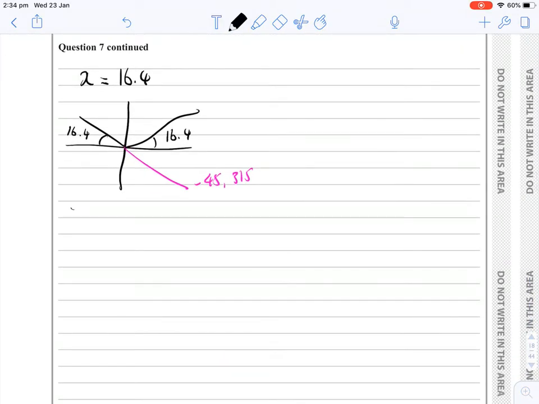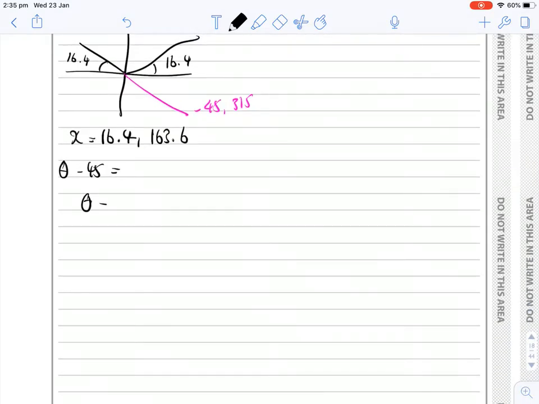So our solutions, x is equal to 16.4 and x is equal to 180 minus 16.4, so 163.6. So theta minus 45 is equal to these two values. So theta is therefore equal to 61.4 degrees and 208.6 degrees.